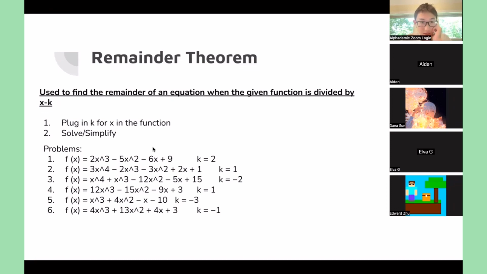So here are some examples. I'll do the first one. For the first one, f of x is equal to 2x cubed minus 5x squared minus 6x plus 9. You find the remainder with k equals 2. So you plug 2 in: 2 times 2 cubed minus 5 times 2 squared minus 6 times 2 plus 9, and that would be the remainder.